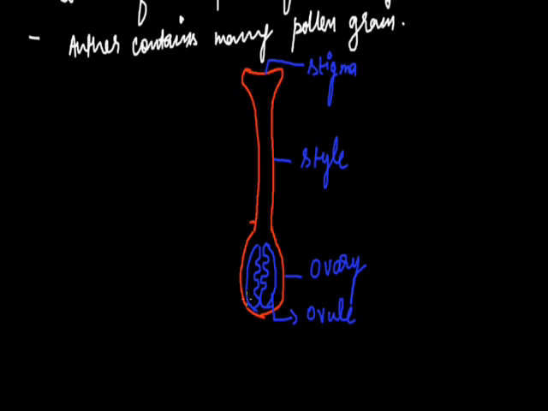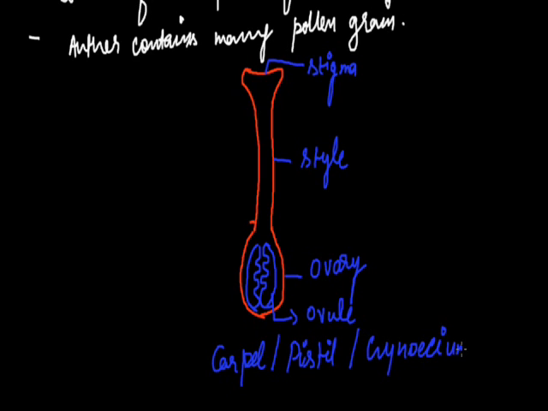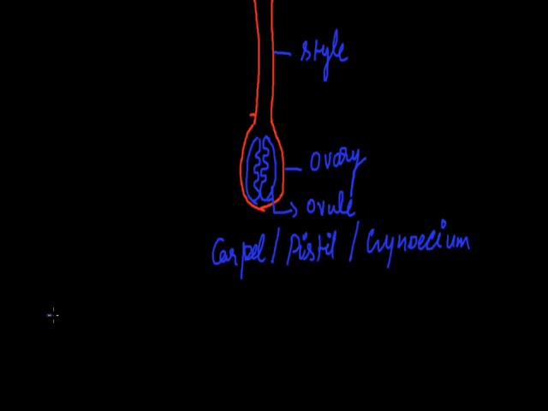And inside this, the ovule is present. This is the structure of the female reproductive part, which is called carpel or gynoecium. So it's the female reproductive part of the flower.